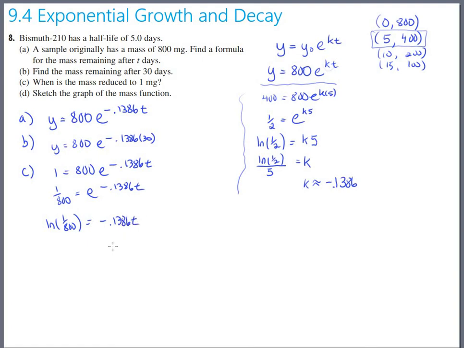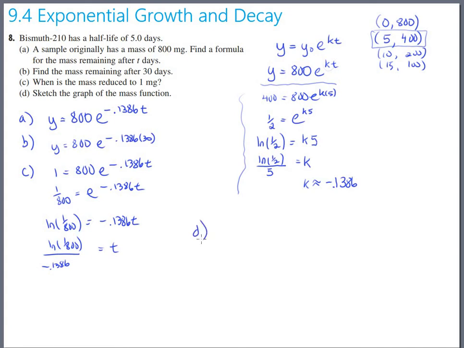And divide by negative 0.1386. If this is all feeling like review from pre-calc, feel free to turn this video speed up to 2x. But in any case, you can crunch that number too. I won't finish crunching that.